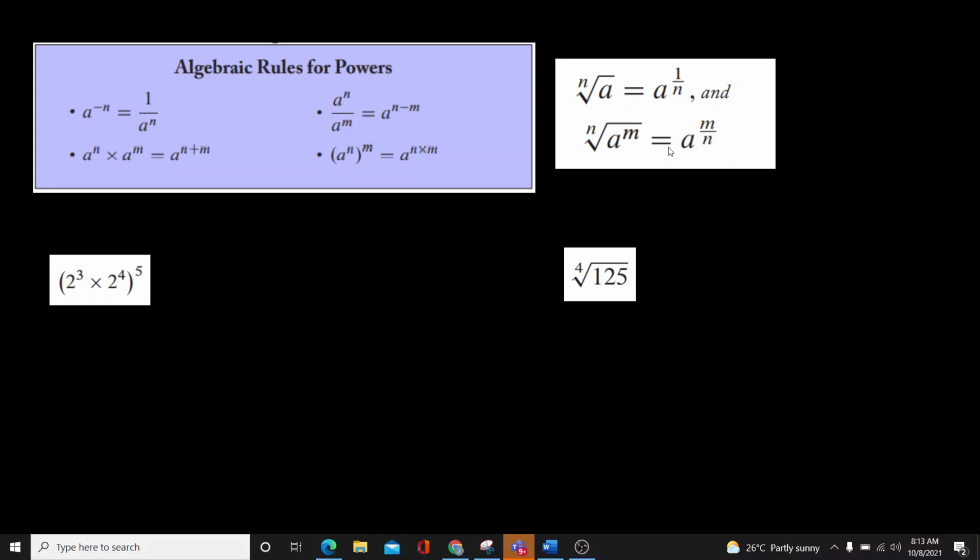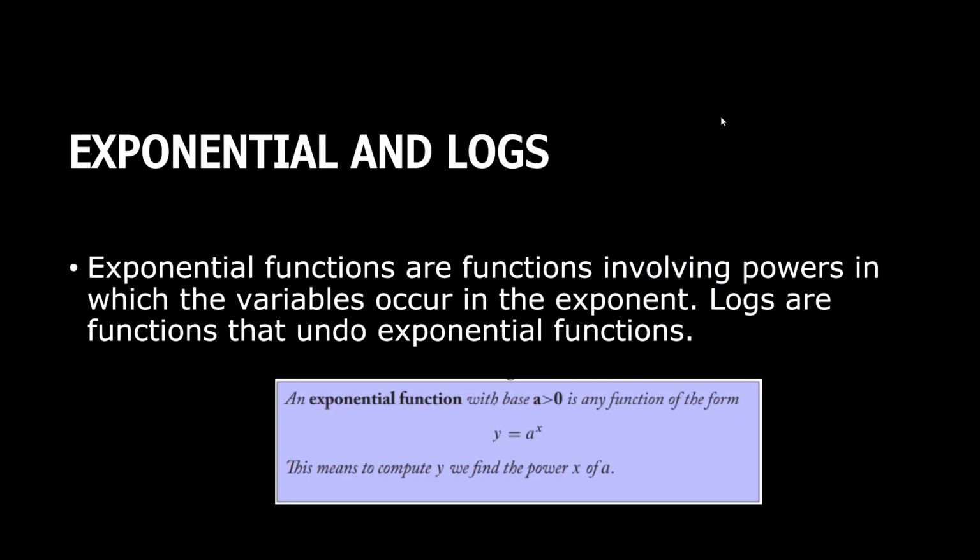Kapag naman quantity a raised to n raised to m, that is a raised to n times m. Kapag radical naman, the nth root of a can be written as a raised to 1 over n, or the nth root of a raised to m is equivalent to a raised to m over n. So, yan yung mga properties na kailangan natin tandaan for these powers.